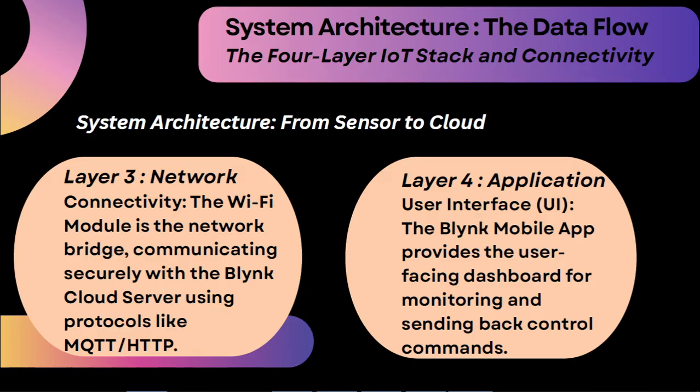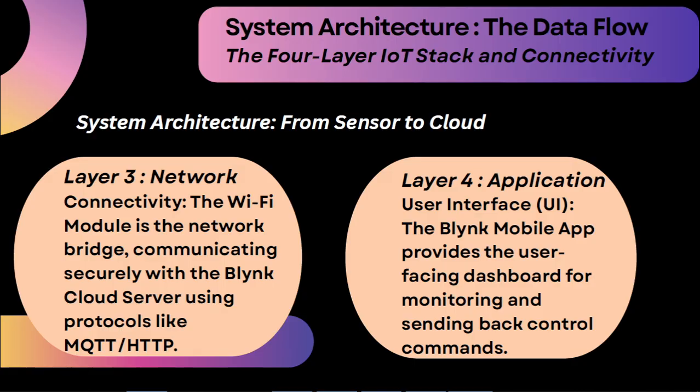It communicates securely with the Blynk cloud server using standard IoT protocols like MQTT or HTTP. Fourth layer is application, meaning user interface. Finally, the user interacts with the system through the Blynk app. This is the dashboard used for monitoring the data and sending back control commands.